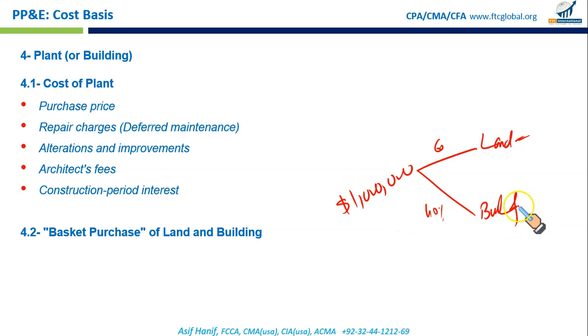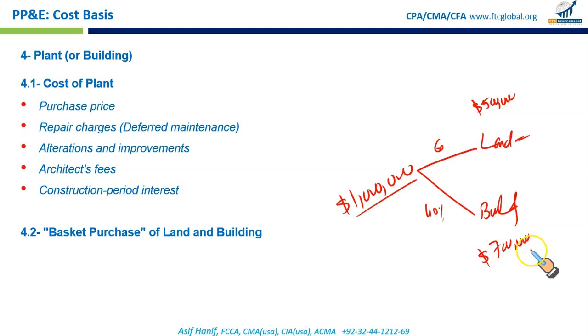And this clearly will help us record these assets separately on our balance sheet. One important twist could be that maybe for land and building we have paid 1 million, but their appraised values are, let's say, $500,000 for the land and let's say $700,000 for the building.